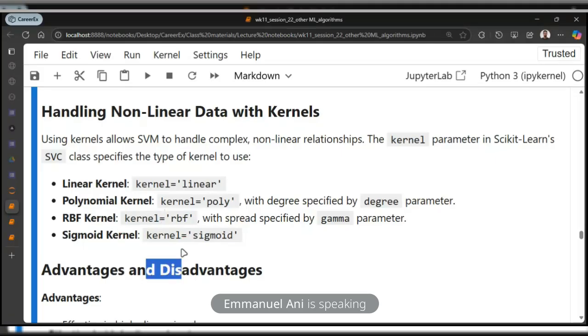This is just how to specify your kernel hyperparameter. So in this case, your kernel is going to be a hyperparameter. In KNN, what is your hyperparameter again? Let's just go back. In KNN, what was your hyperparameter?